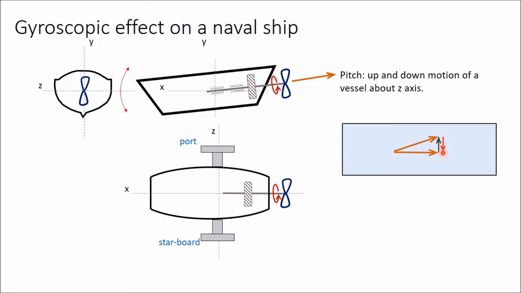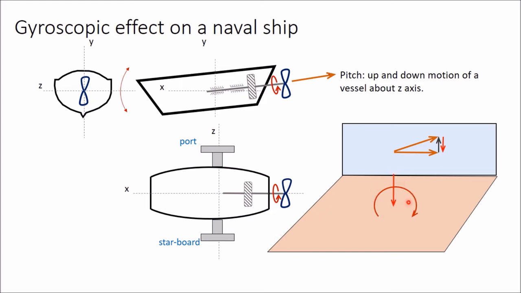Now this reactive gyroscopic couple vector is in the vertical plane again, therefore this couple must be applied in the horizontal plane. So this is the reactive gyroscopic couple vector. This vector will be obtained by applying a couple which is clockwise when looking from the top, according to the right hand screw rule. If you rotate the right hand screw in clockwise direction, you will get this direction of vector.